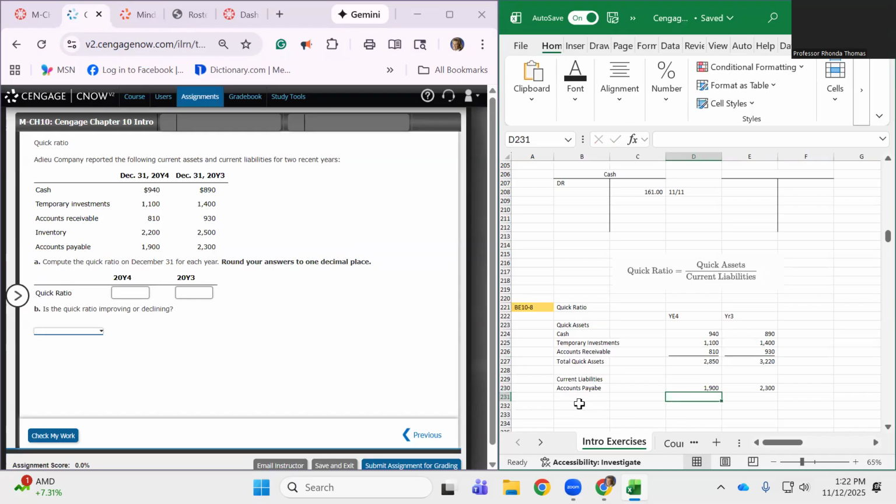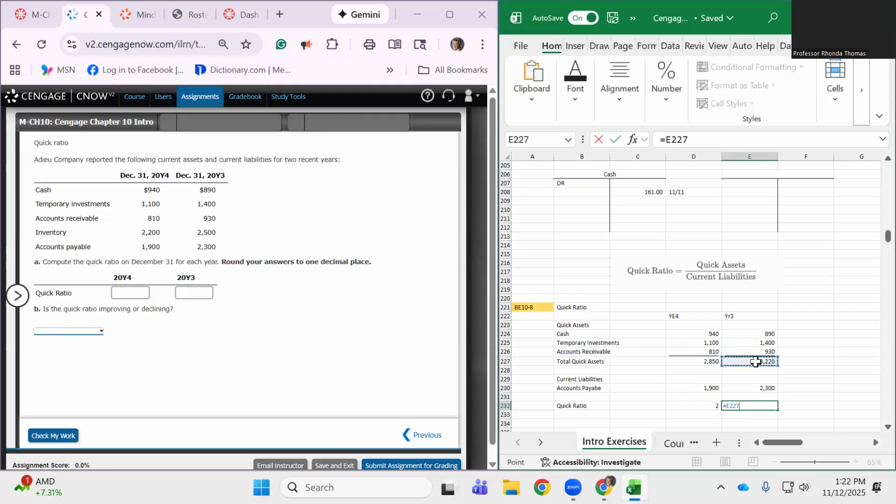So now we're going to get a quick ratio. How we get it is we take quick assets and divide by our current liabilities. So for year 4, we take our quick assets divided by our current liabilities, and I'm going to do that next to it also, and then we want it to 1 decimal place, so be careful.